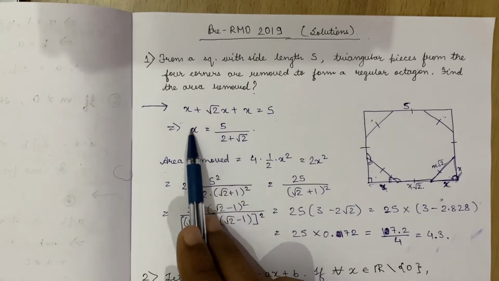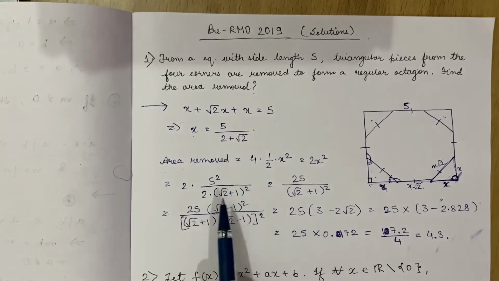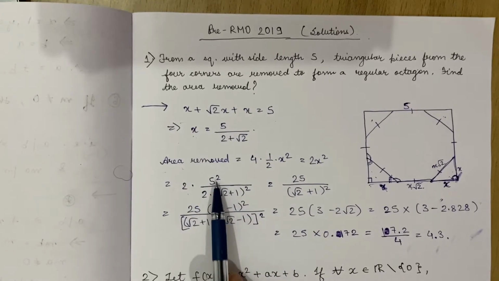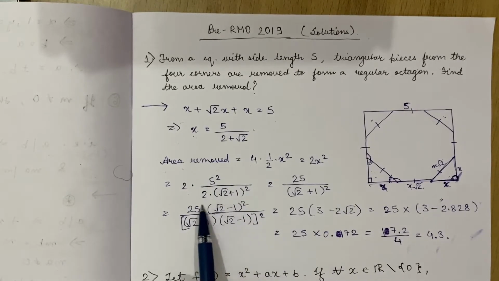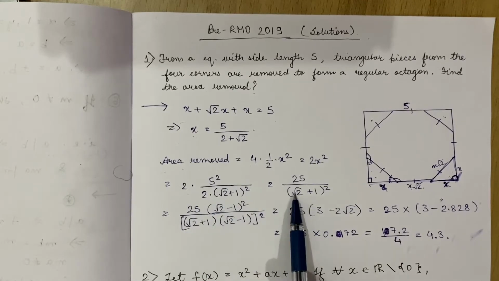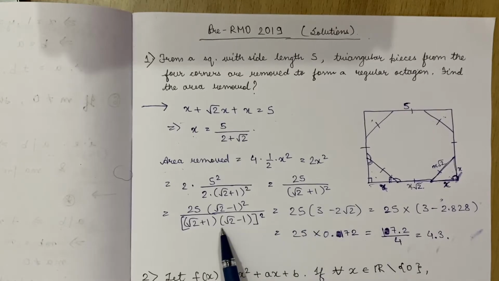I already know the value of x from this equation, so I put the value here. And to simplify this, since I have root 2 plus 1 in the denominator, I multiply by root 2 minus 1 in both numerator and denominator.